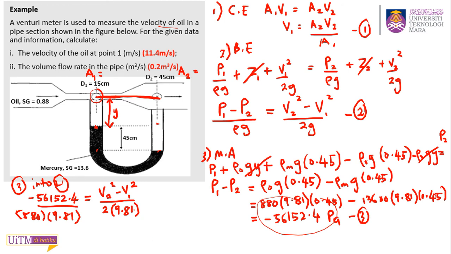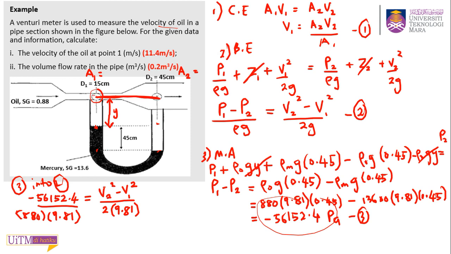Alright, so because you have two terms, V2 and V1, and you want to find only V1, the velocity of the oil at point 1, what you need to do is replace V2 in terms of V1. You want to find V1, the velocity at point 1.